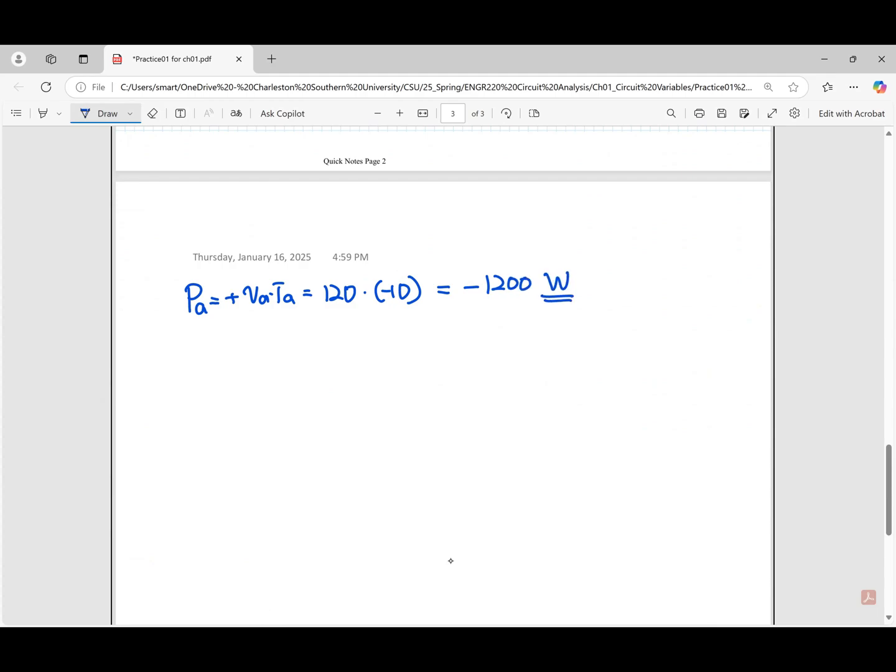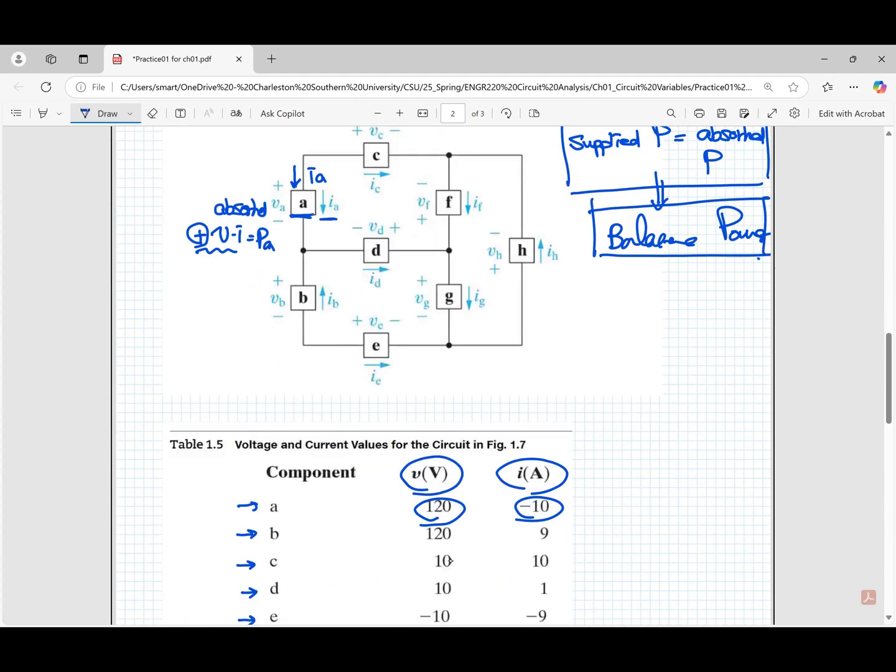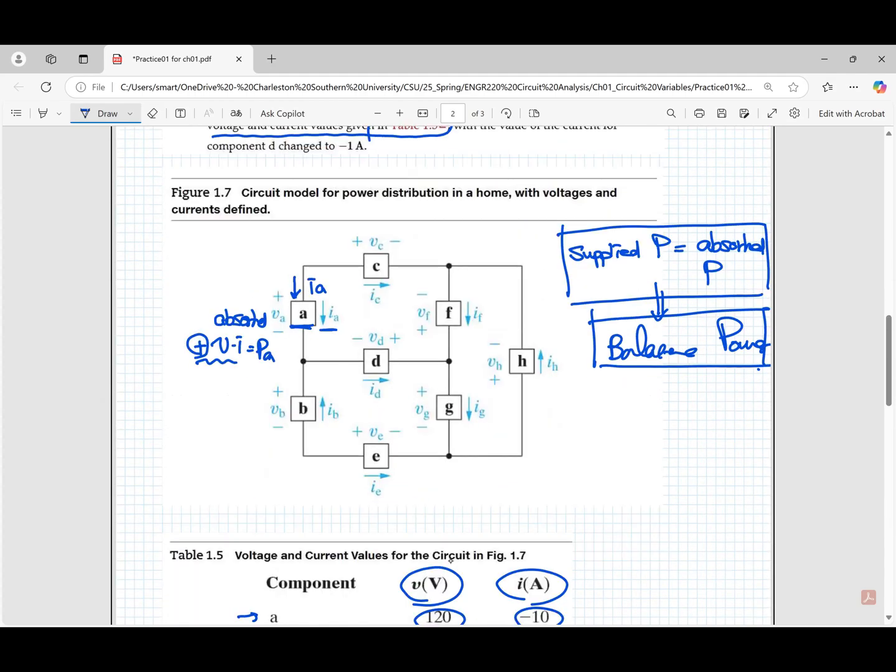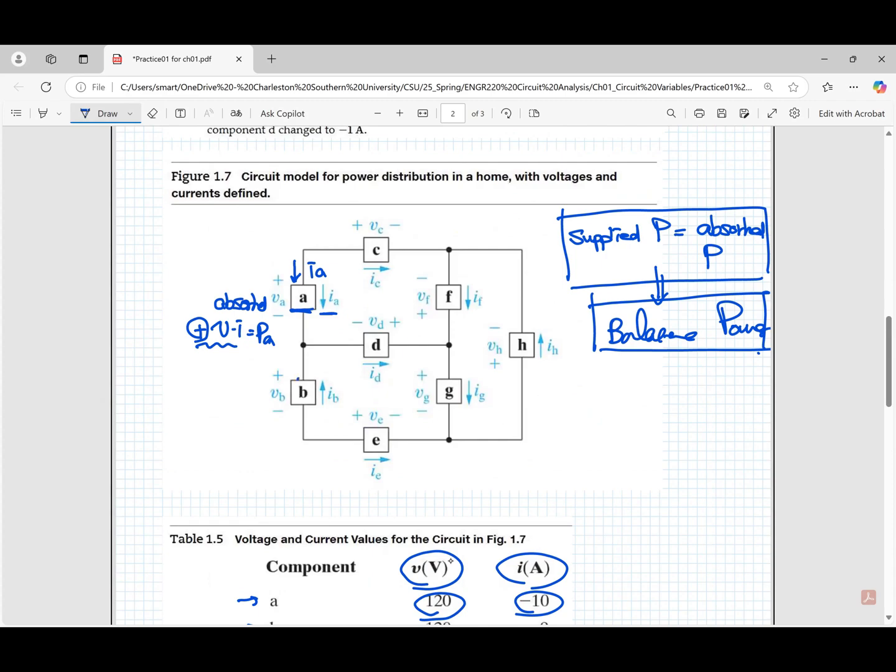Still missing the units. And how about the P sub B? Go back to the circuit, the power distribution circuit, component B. In here, the current is leaving the component. Again the current polarity, by the passive sign convention, the reference is in the plus. So that was for going out, it's like supplying, right?